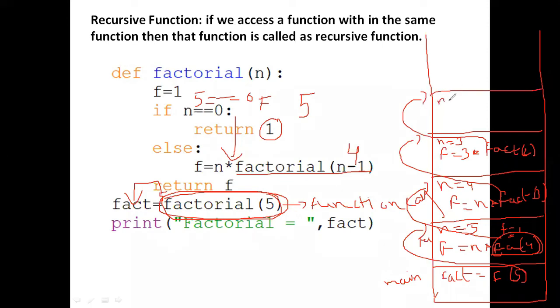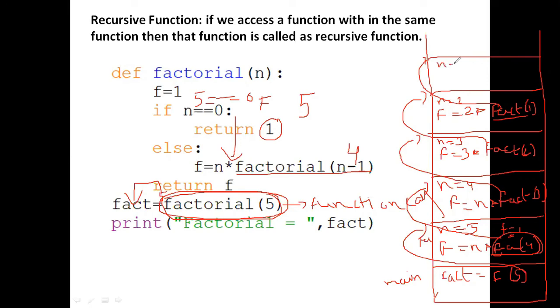Now n equals 2, and f equals 2 into fact of 1. Again the function call, and memory is allocated.